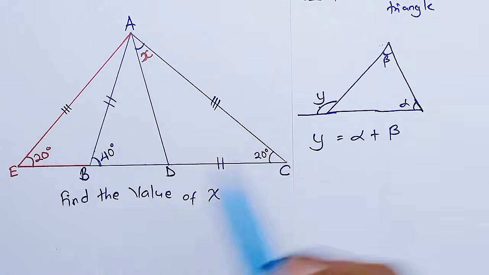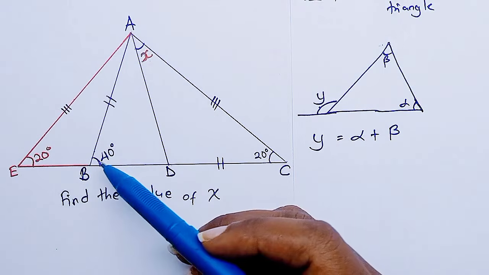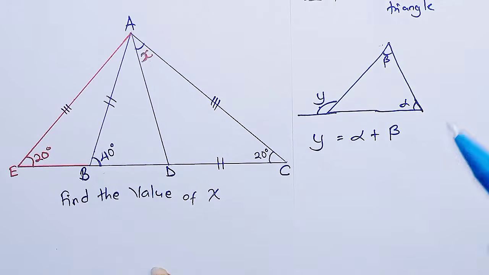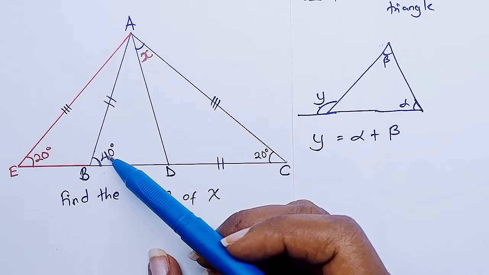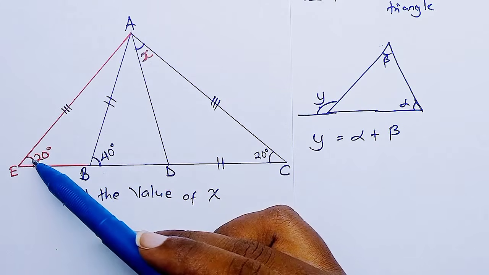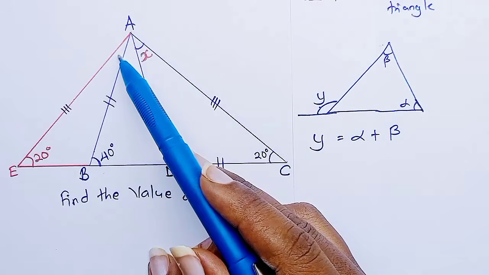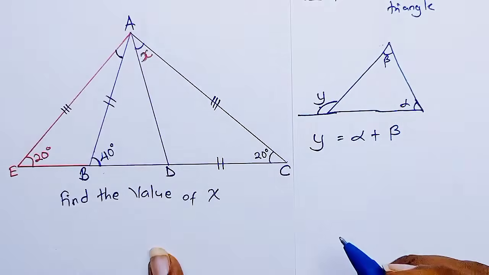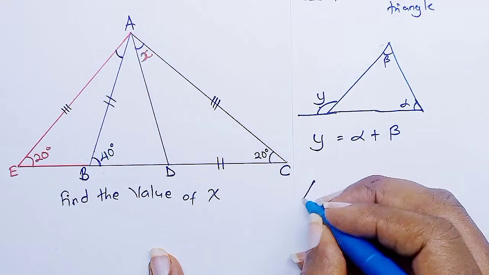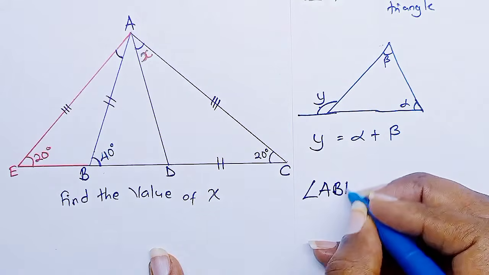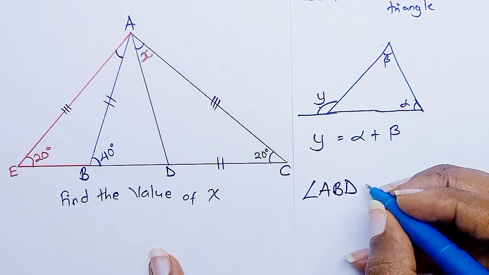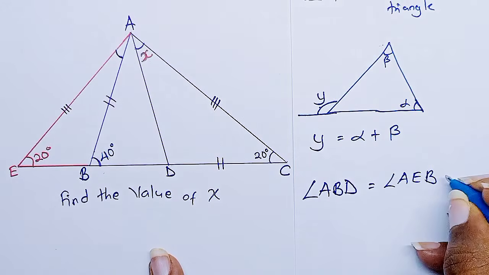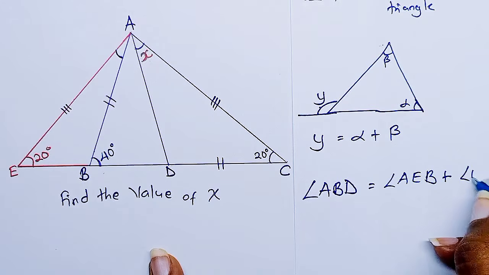So following this, in our diagram, considering this angle 40 as the exterior angle, that implies that this 40 will be equal to 20 plus this angle here. Okay, so that implies that angle ABD is equal to angle AEB plus angle EAB.